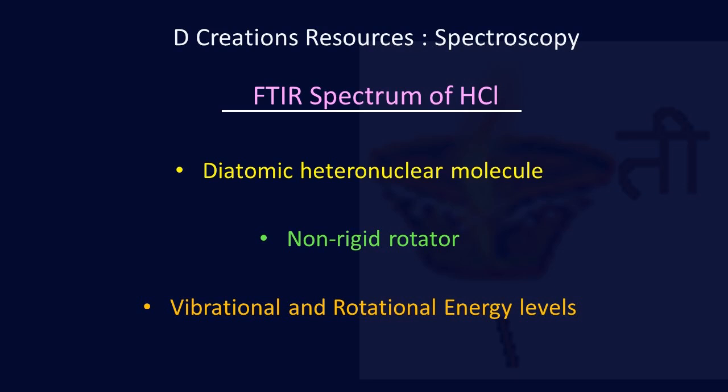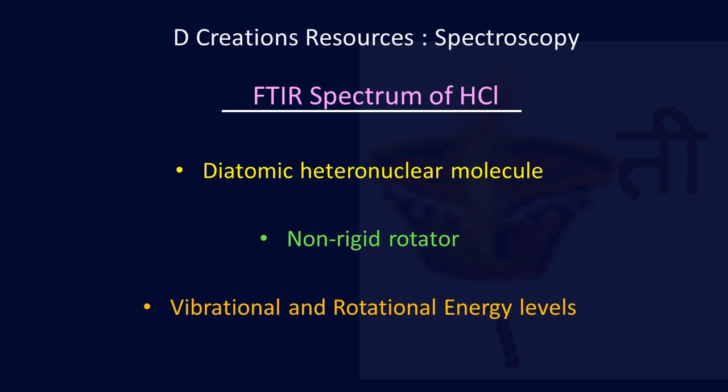So every vibrational level has a stack of rotational levels, and transitions take place from V is equal to 0 to V is equal to 1 with J changing by -1, then it's called P branch lines, and J changing by +1, in which case it is called R branch lines. Now there is also another branch called Q branch, but it is missing here because of the selection rules. So you see a gap between the P branch and R branch.